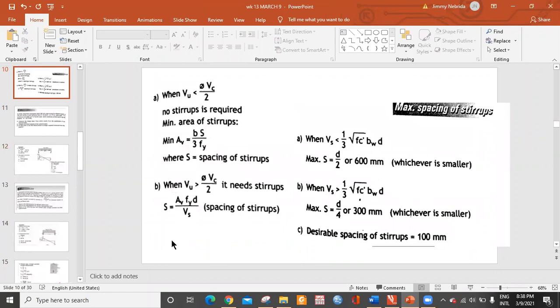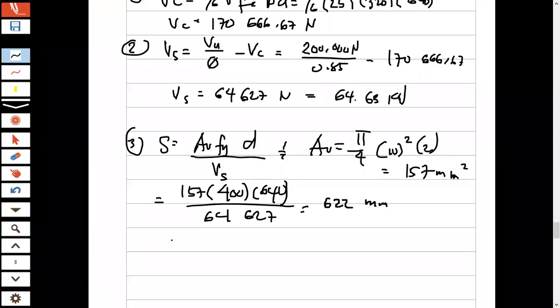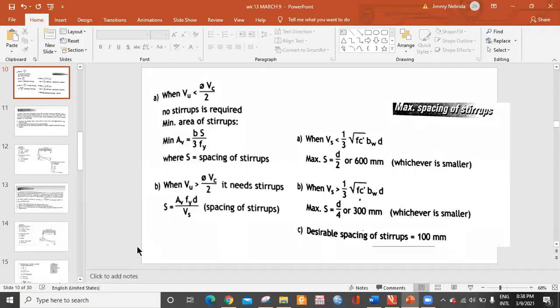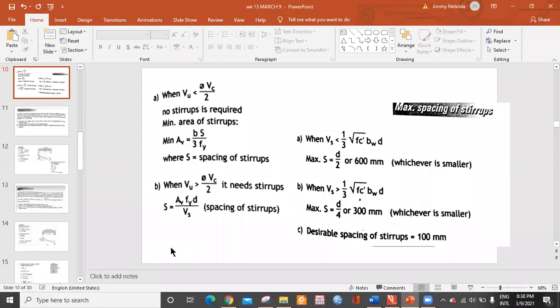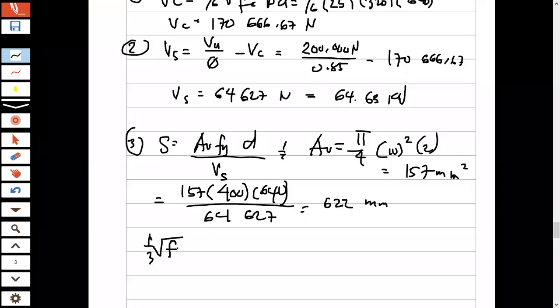Okay. Paano mo, when it is D over 2, when VS is less than 1/3 FC prime BWD. So let's compute first here. Okay. 1/3 of FC prime BD. Actually, this is just 1/2 of VC. Okay, VC is 1/6.